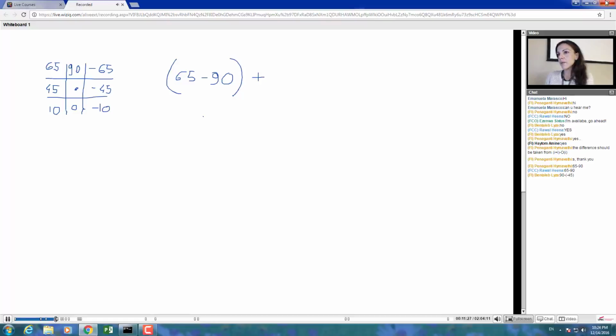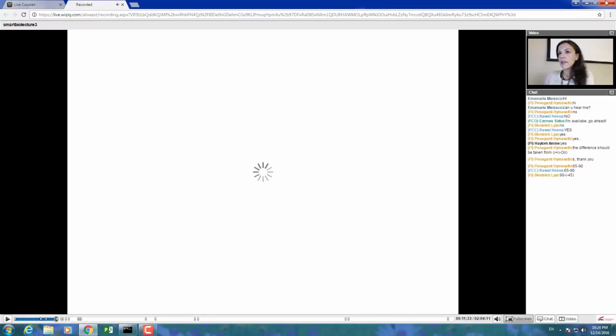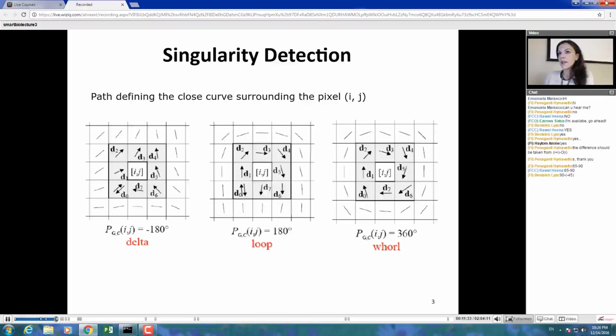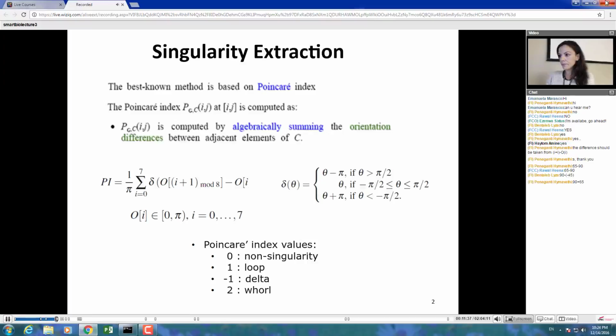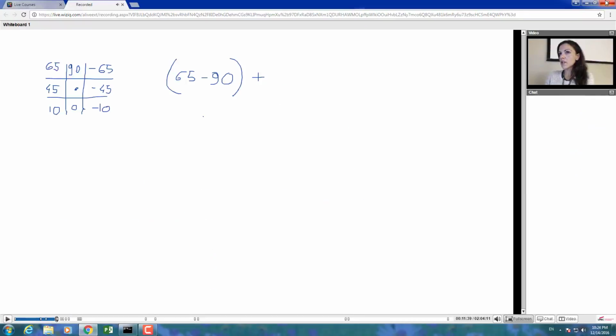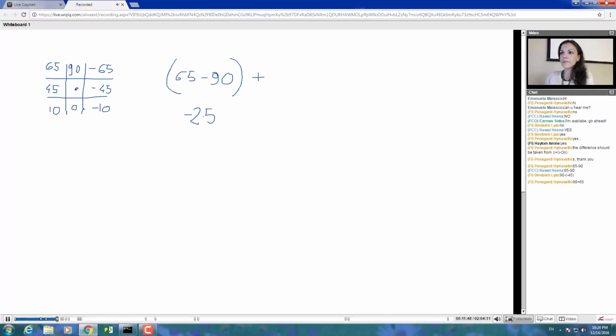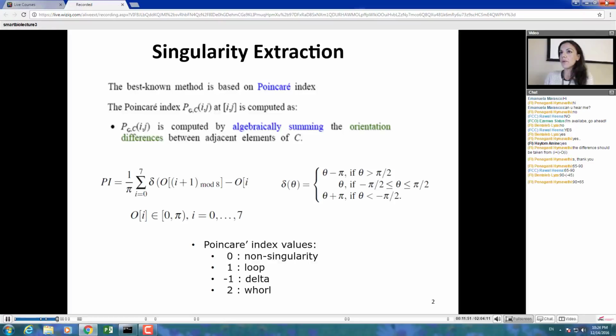And then we have here the normalization. So I go back. How much is this difference? Minus 25, right? So we can write here minus 25. And then we don't remember the normalization, so minus 25 is not in the first, but in the second case.